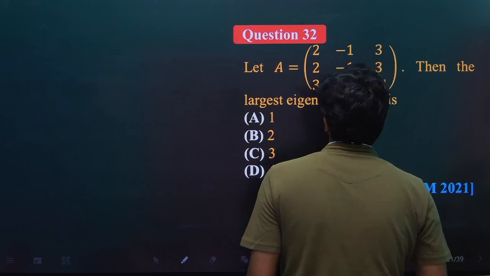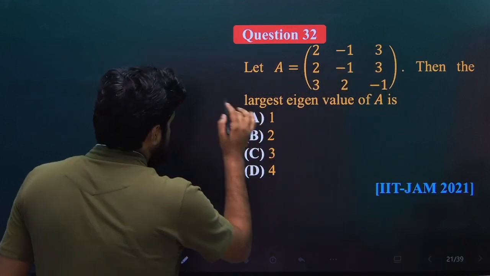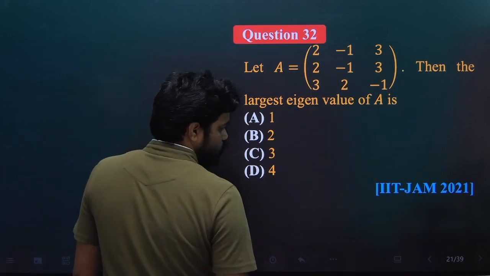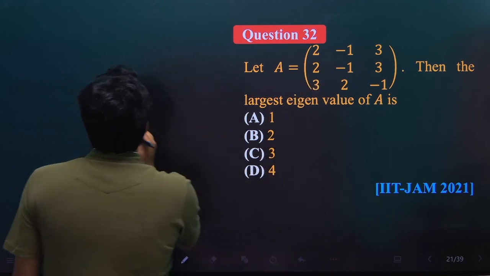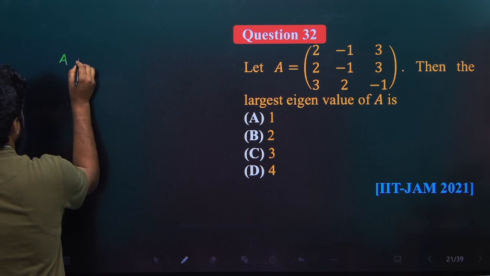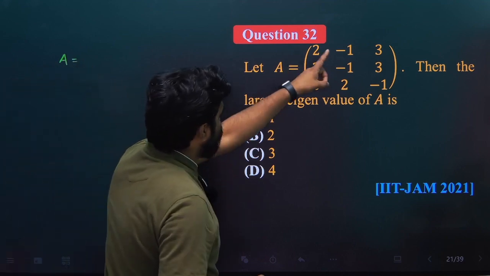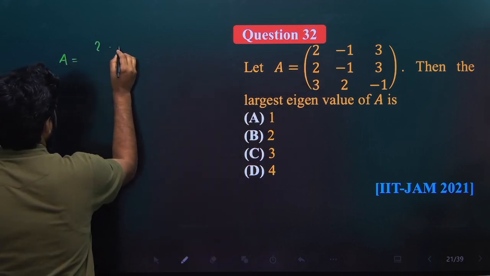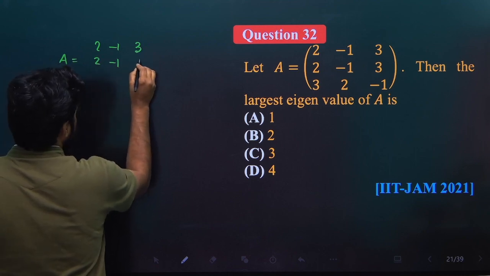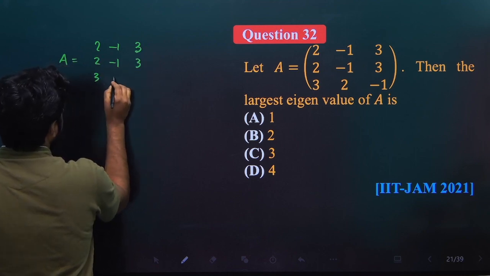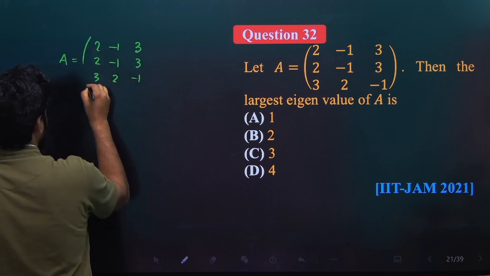So next, this question was asked in IIT-JAM 2021, so just see what is given here. Here A is the matrix 2 1 2, minus 1 3 2, minus 1 3 3 2 minus 1.